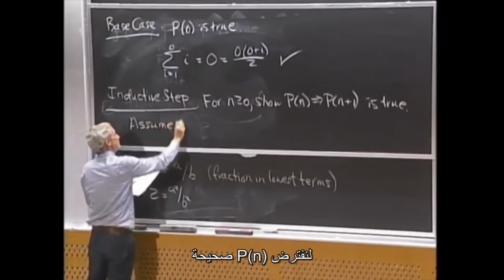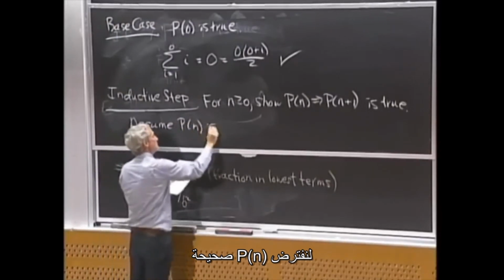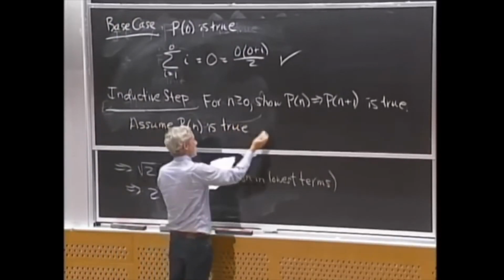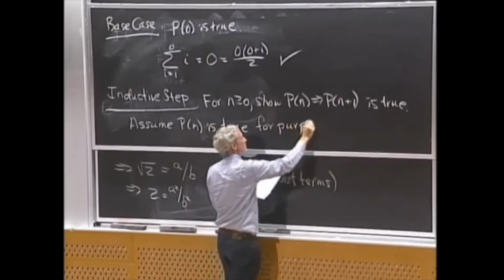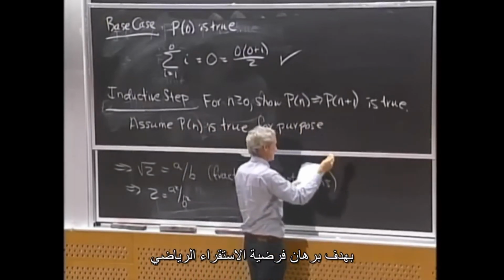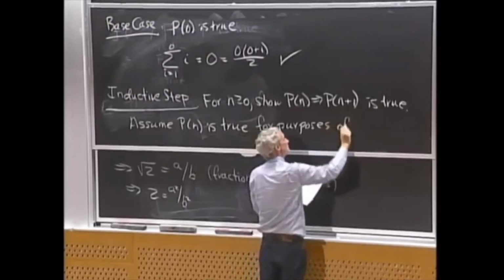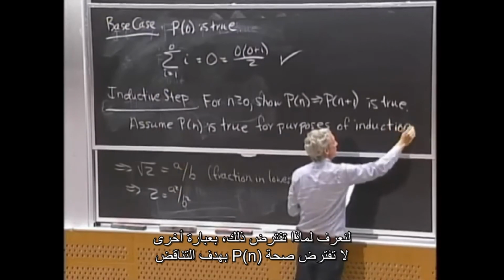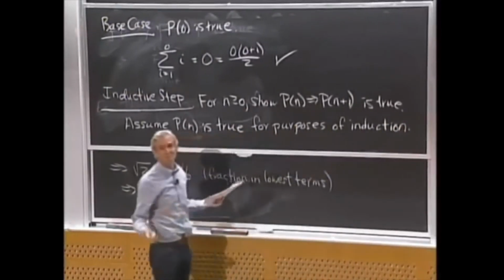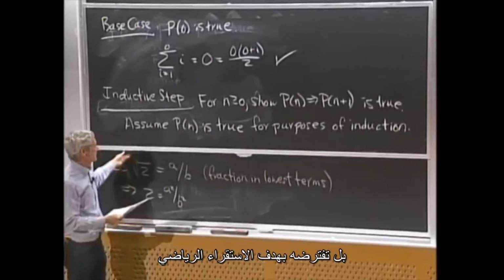Assume Pn is true. And you might also write down for purposes of induction, or for purposes of verifying the inductive hypothesis, just to let us know why you're assuming it. In other words, you're not assuming Pn is true for purposes of contradiction. You're assuming it for purposes of induction.